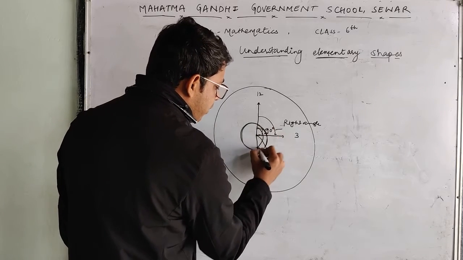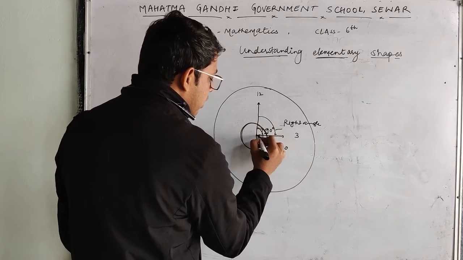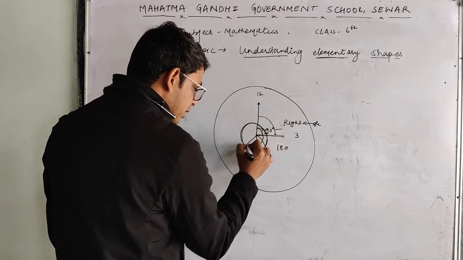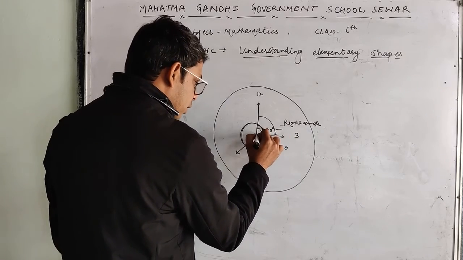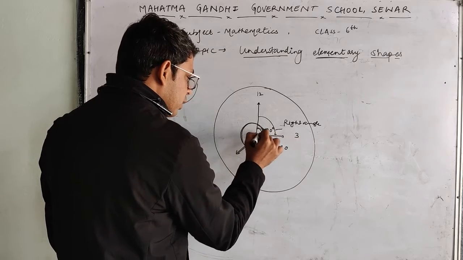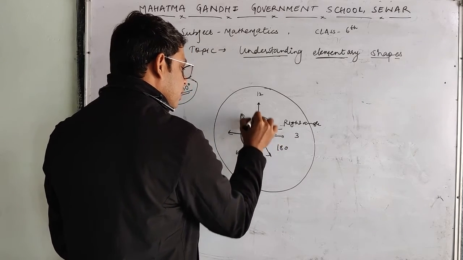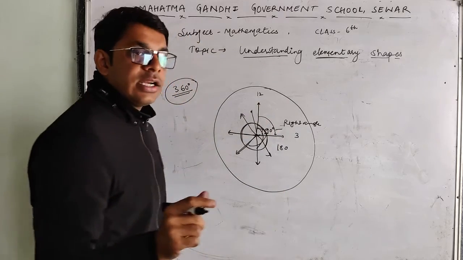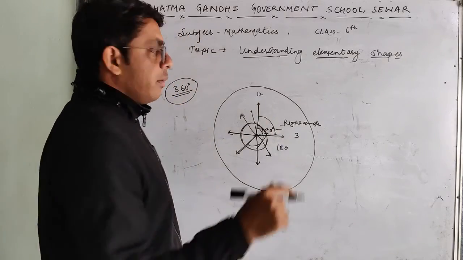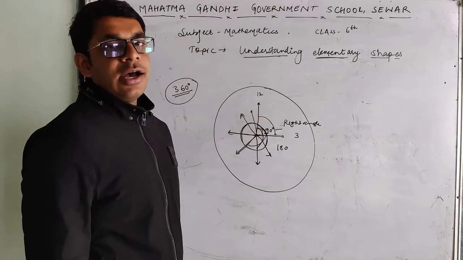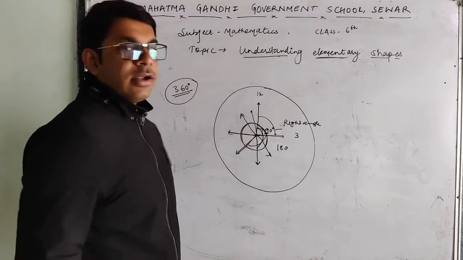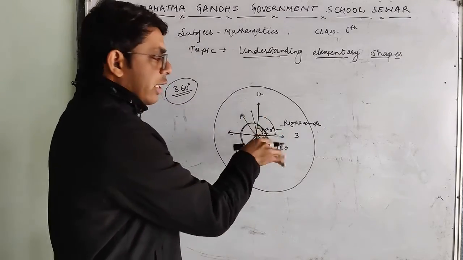Now they will form 180. When the minute hand comes here, it will also increase. If it comes here, it will increase. So as the distance between the minute hand and the hour hand increases, there is also an increase in the angle.